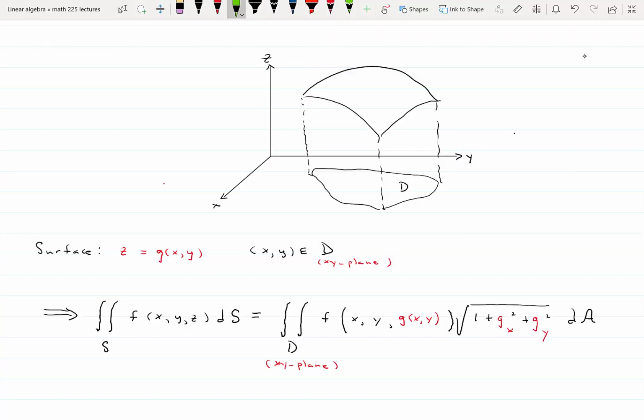Okay, so let's look at what happens in the similar case with the triple integrals when we had to consider different types of regions. Type 1 region was surface above, surface below. Type 2, I believe, was surface in front, surface behind. So x was a function of y and z.